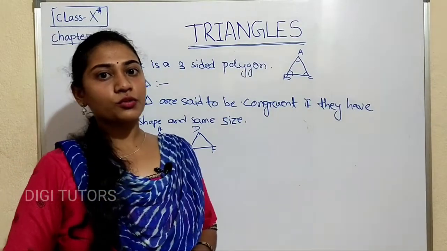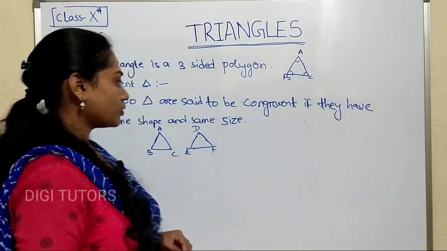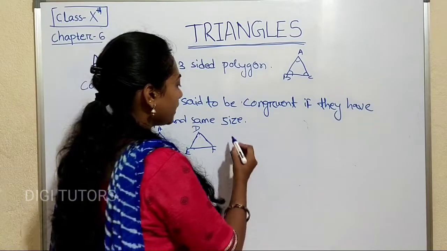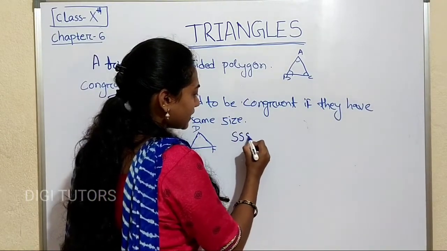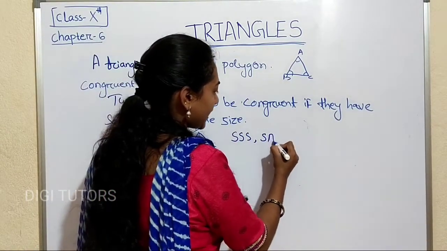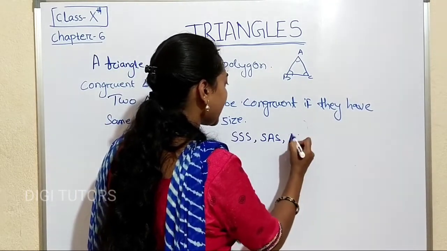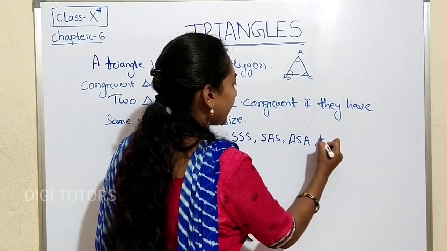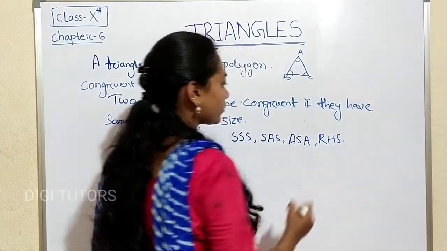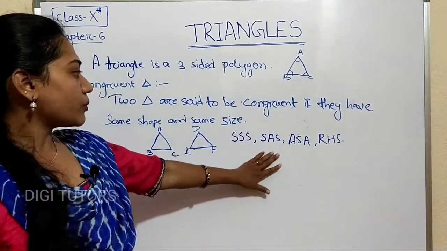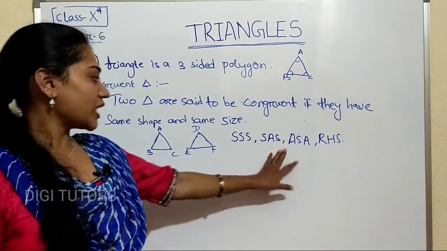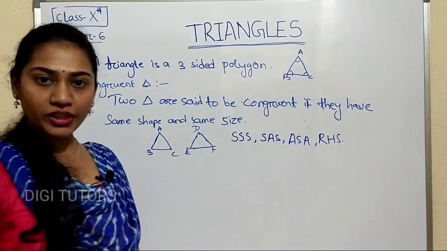To check whether two triangles are congruent or not, you have studied many rules like the SSS congruence rule, SAS congruence rule, ASA congruence rule and RHS congruence rule. By these four rules we can check whether two triangles are congruent or not.